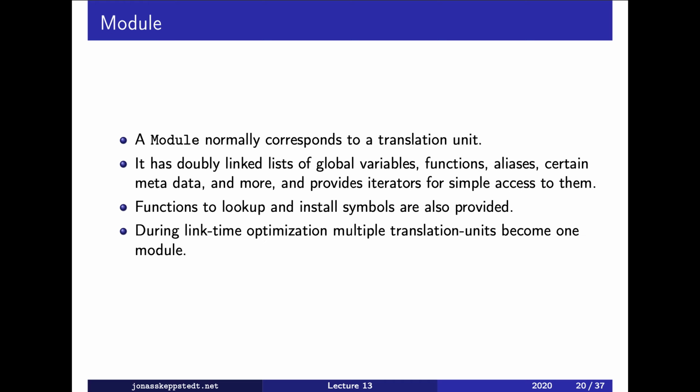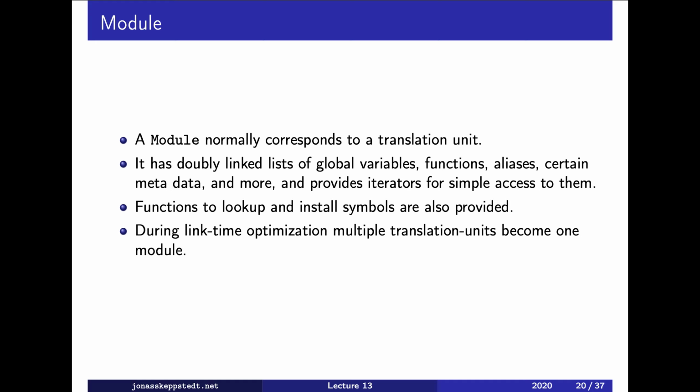Okay, and a module is basically a translation unit, but we can merge several translation units for link time optimization, and then there is only one module. But think of a module as a source code file, or to be more precise, a translation unit, since all the included files are also in the same module.